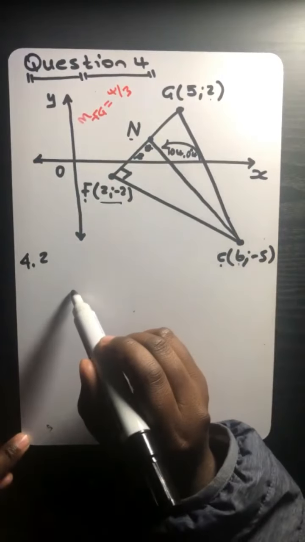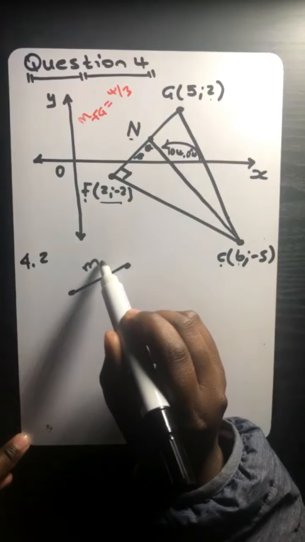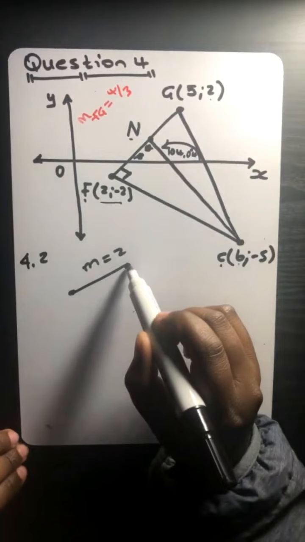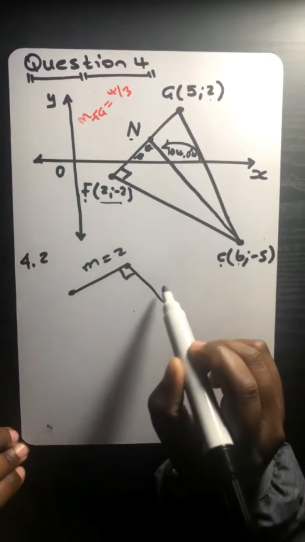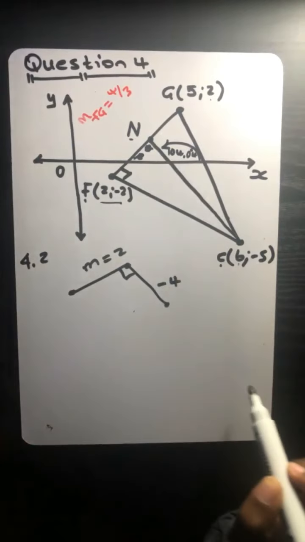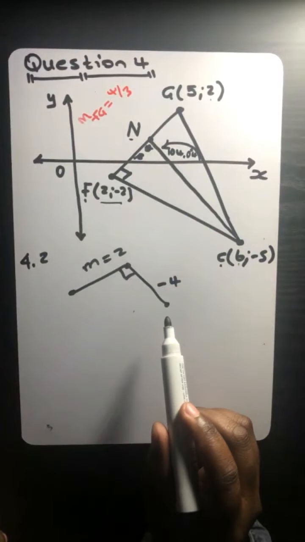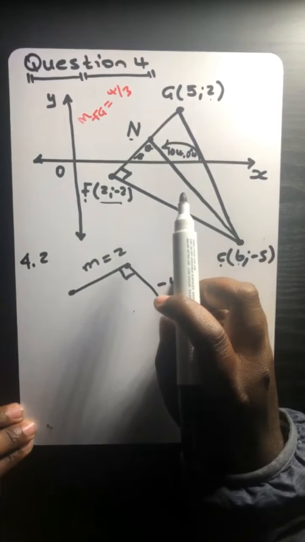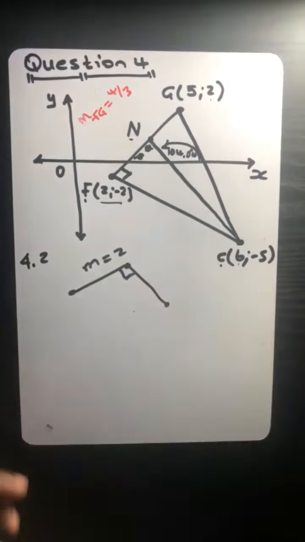example. So let's say, for example, we've got that line which has a gradient equal to 2. Then we also have that line and it forms a 90-degree angle, and the gradient for that one, let's say this is -4. Or maybe let me not give the gradient of that line and say the gradient of that line is unknown.